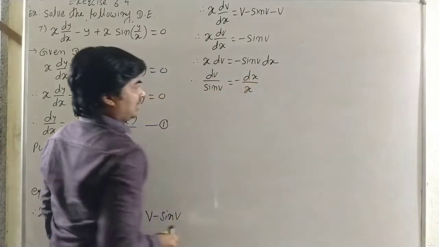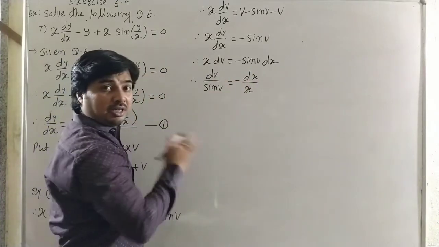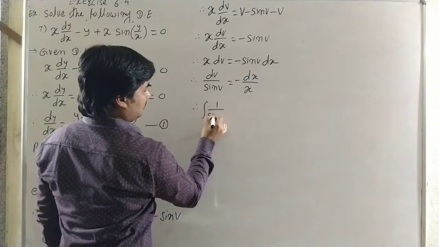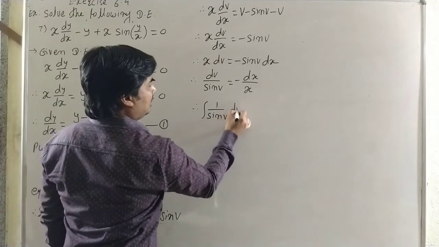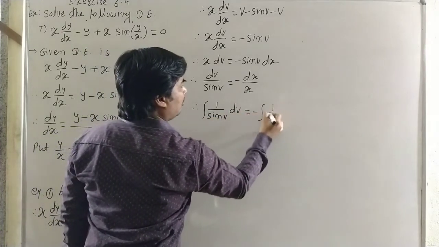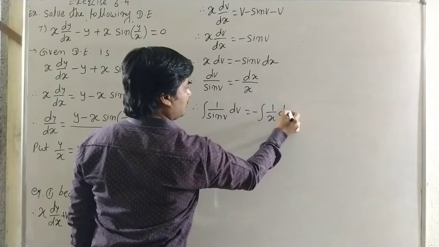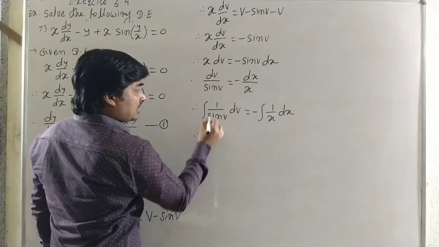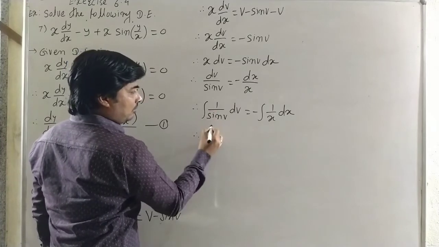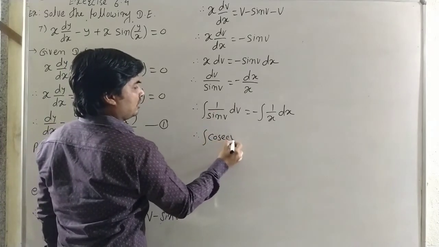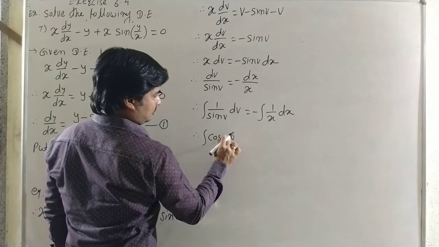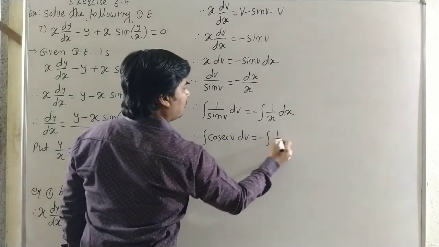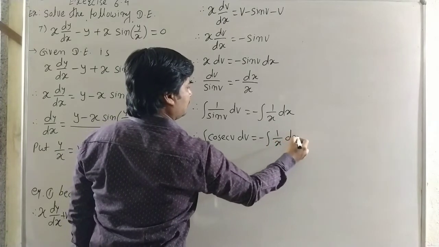Now the variables are separated, taking integral on both sides: integral of 1 by sin v dv is equal to minus integral of 1 by x dx. Then 1 by sin v we can write as cosec v. It is a standard integral: integral of cosec v dv is equal to minus integral of 1 by x dx.